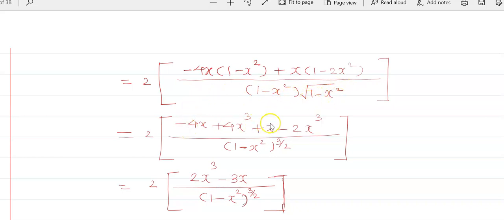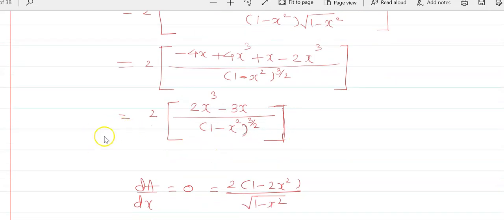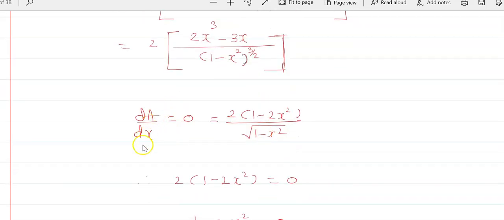Now the product of this is minus 4x plus 4x cube plus x minus 2x cube upon (1 minus x square) raised to 3 by 2. Now simplify this, that is, 2(2x cube minus 3x) upon (1 minus x square) raised to 3 by 2.